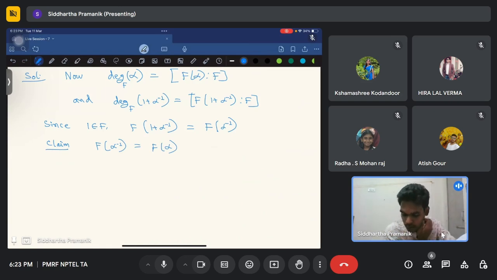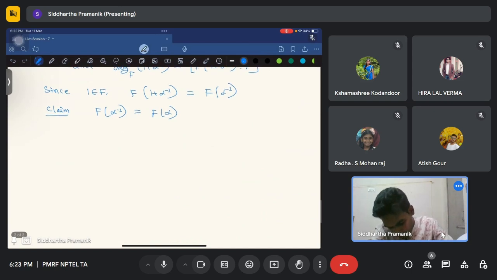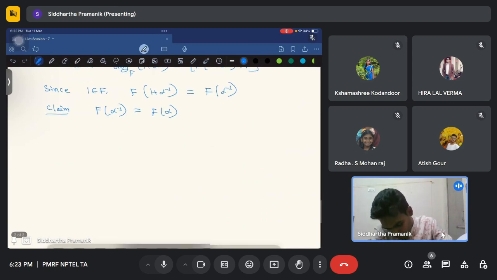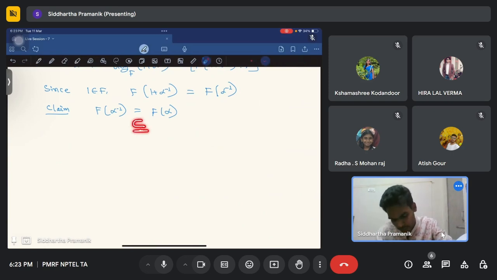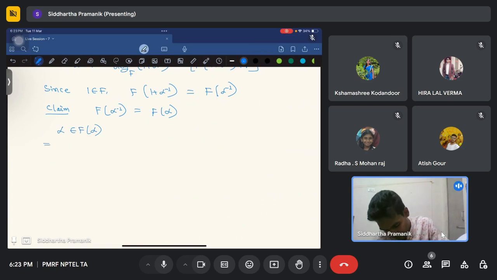But this is something very trivial, right? So let's prove that each of these is a subset of the other. First let's prove this side. Alpha belongs to F(alpha), and F(alpha) is a field, so its inverse is also in F(alpha).